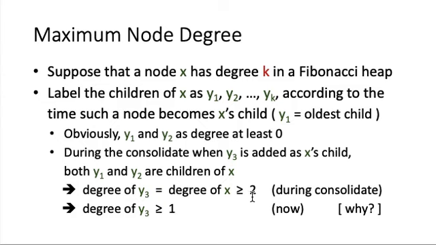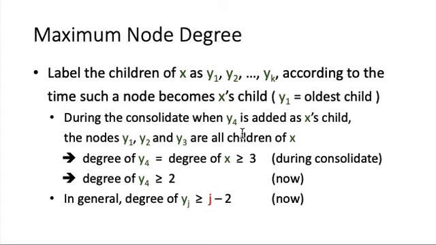Notice that it will not be decreasing by 2. The reason is that when a node loses 2 children, it will be detached from the parent. So if y3 had lost 2 children, it would not be a child of x anymore. But it's still a child of node x, so it has lost at most 1 child.